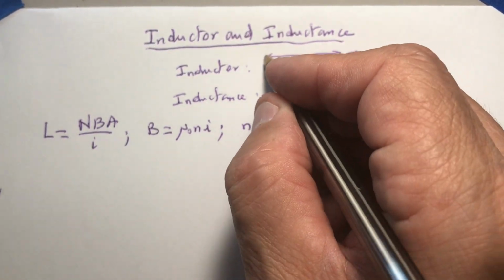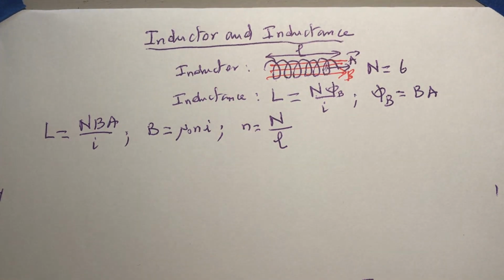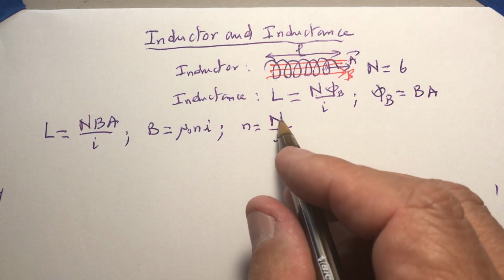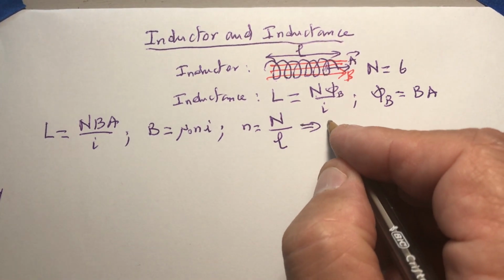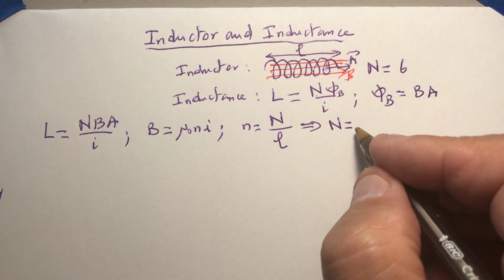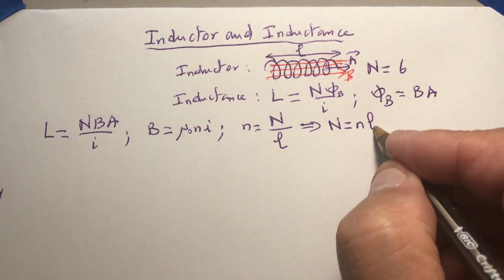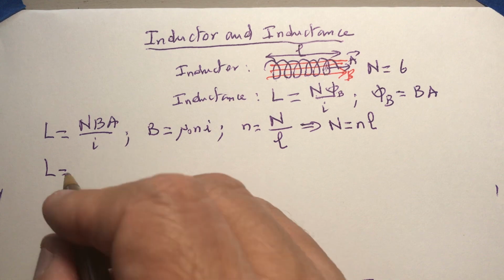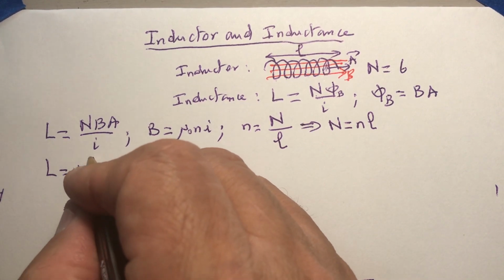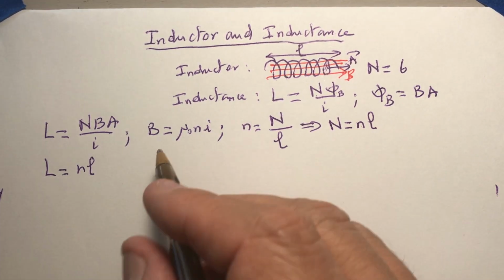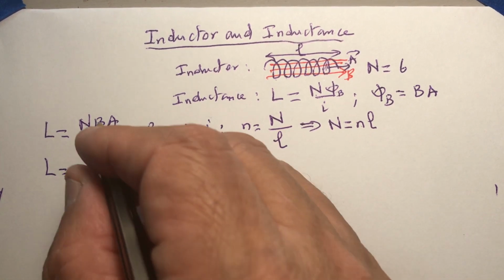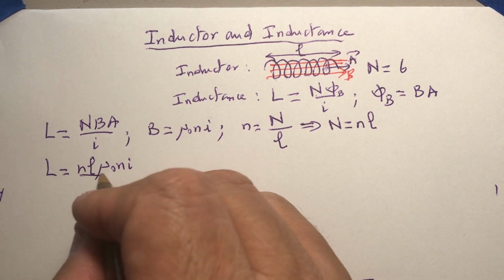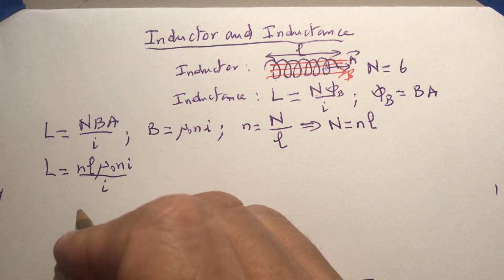Here is the length of the solenoid, that's L. Now, we can plug this in: big N is equal to small n times L. So I can write N in terms of small n, and I put here nL, and for B, mu0 times n times I, and here I put I.